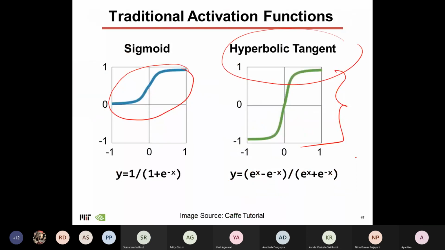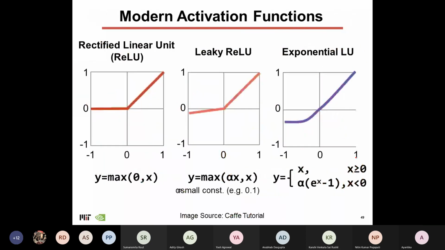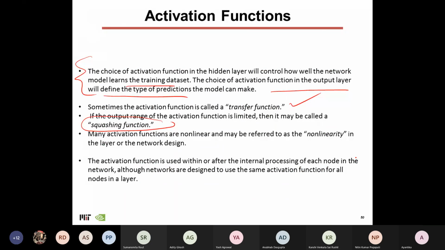Networks are designed to use the same activation function for every node in a layer. So for a particular layer, the general concept is that we use the same activation function, because in general the purpose of using the activation function is the same for all the nodes.